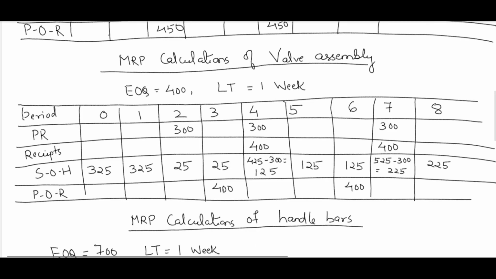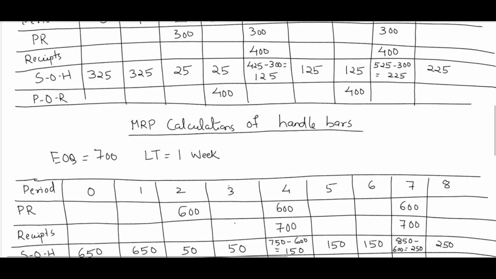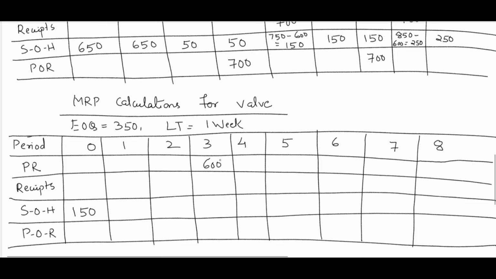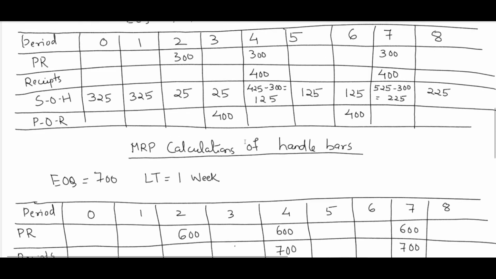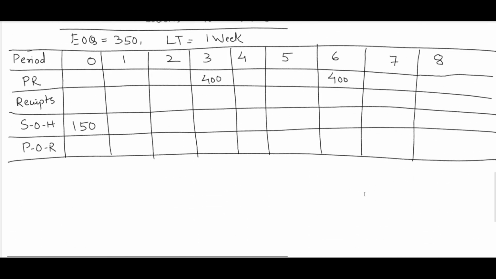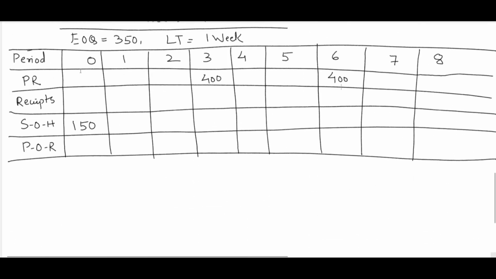For valve assembly, third and sixth week, demand is 400. Let's check third week and sixth week. Right, it is 400 in the third and sixth week. Now everything remains the same, so 150 will be carried forward.